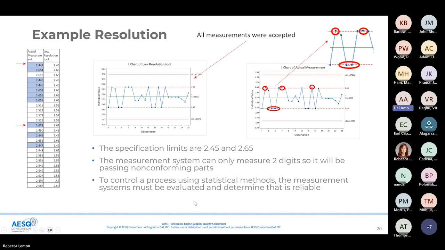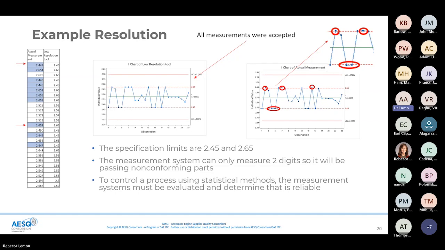One other thing I want to mention here is that sometimes it's easy to determine if your measurement system has enough resolution by plotting your data. This plot is not very clear, but sometimes when you look at, for example, an IMR control chart, the data looks more discrete, even though it's continuous. For example, here you're measuring the same thing 3 times, right? But the measurements here are 2.652, 2.652, 2.655, 2.651.